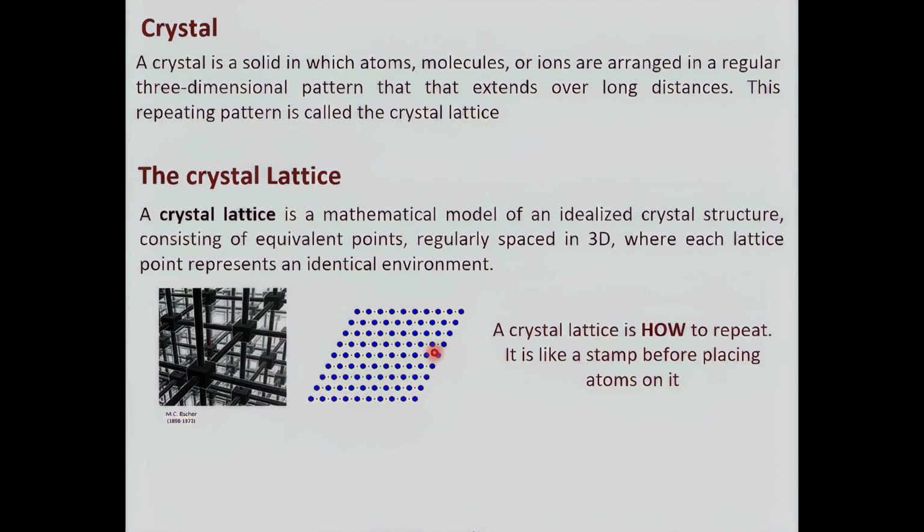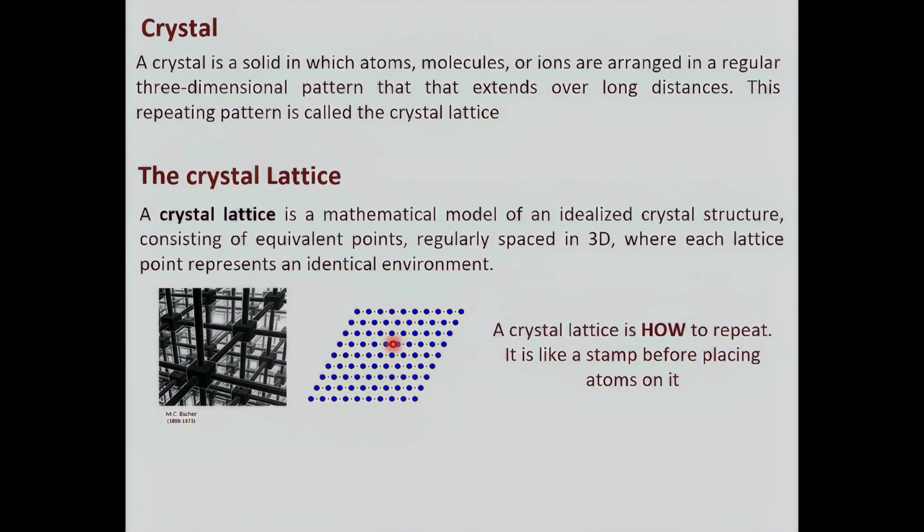As you can see, it is constituted by a sequence of equivalent points. Each one has the same environment. If you stand at one point and look around, right, left, up and down, and then you move to another point, you see the same. Then they are equivalent in this sense.